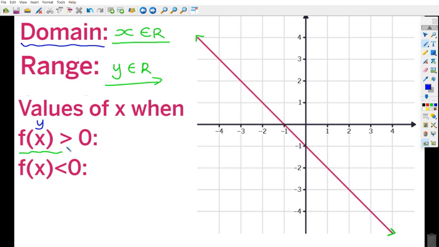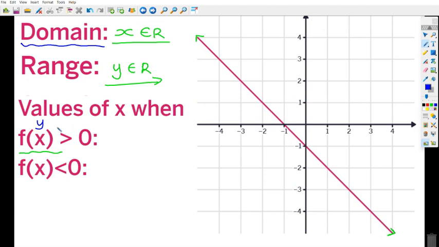If I'm talking about greater than 0, numerically, what are you thinking of? You're thinking of positive values. So, where are my y values on my Cartesian plane positive? Above the x-axis or below the x-axis? Above the x-axis.